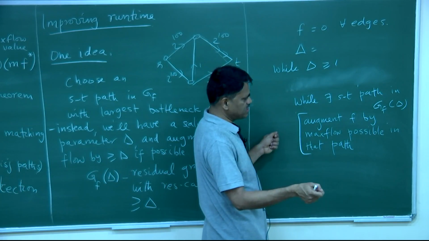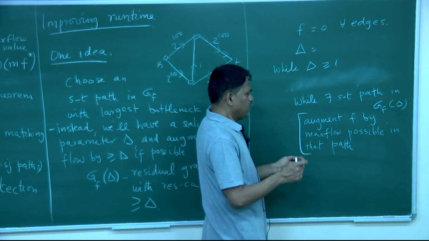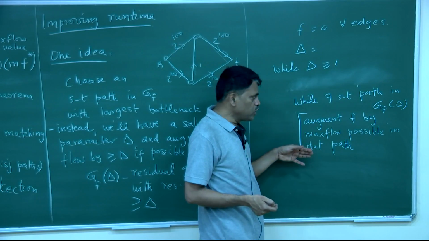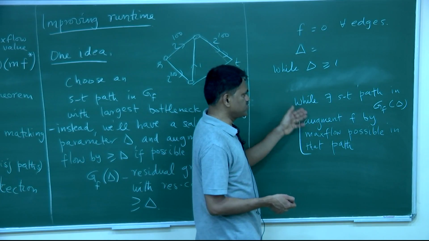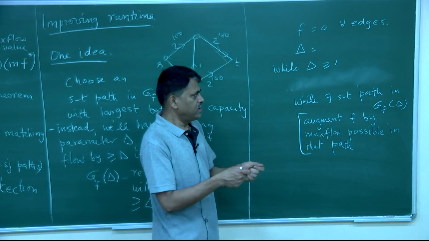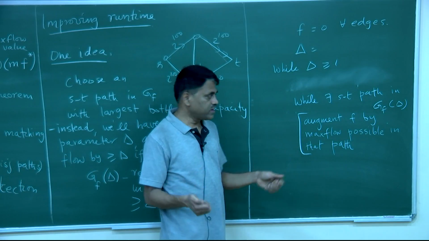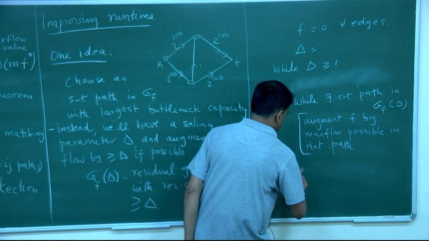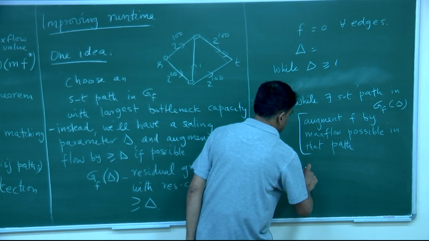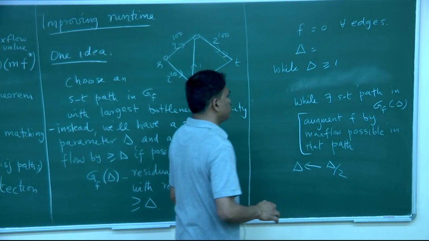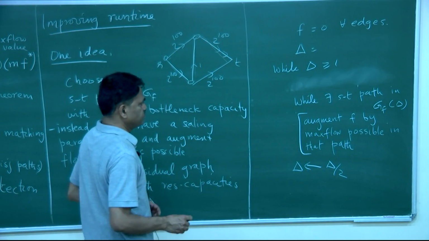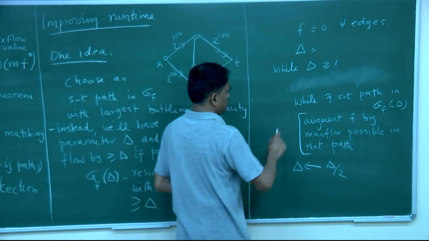If I find an ST path, augment the flow, I get my new flow, new GF delta, find an ST path, keep doing it, and this process stops when there is no ST path in GF delta. And then you come back here, delta we will decrease. So we're going to do it by a factor of 2 all the time. So that's what it is.